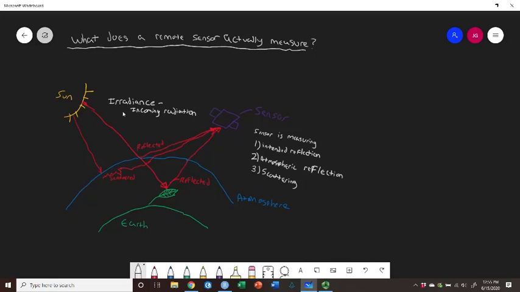So this is everything that the sun is outputting, and then everything that's measured at the sensor is called radiance. And radiance is outgoing radiation.